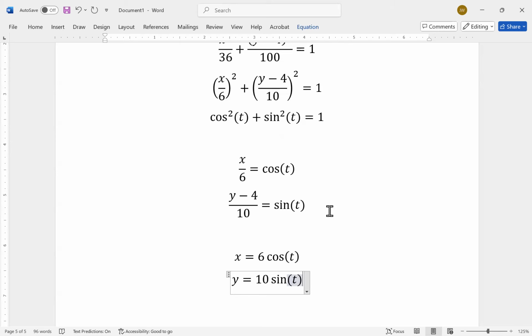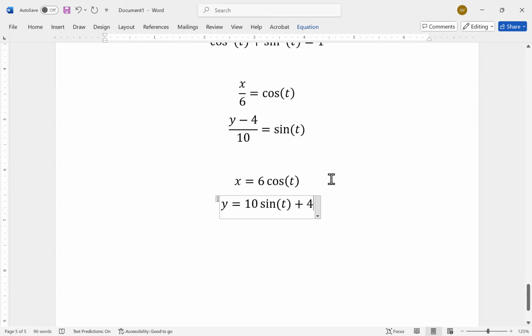So that would give me y equals 10 times sine of t plus 4. That would be my pair of parametric equations, at least one set of parametric equations that traces out the ellipse.